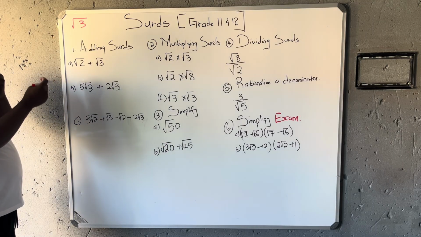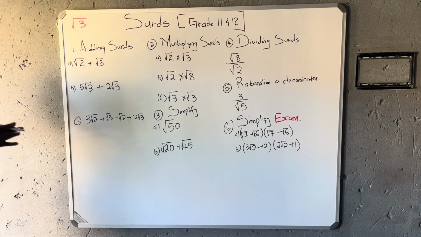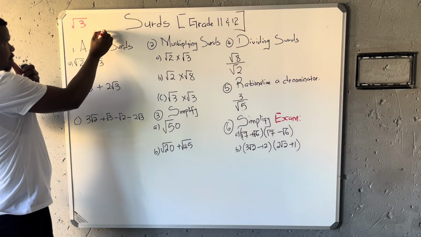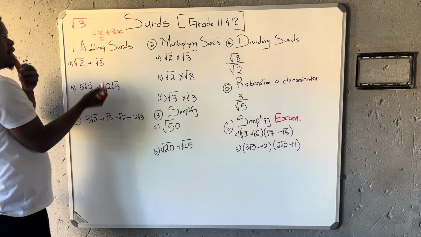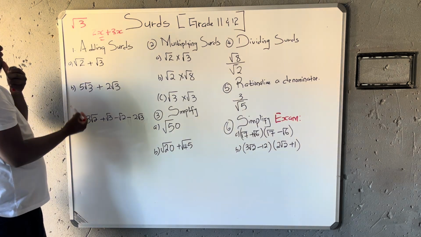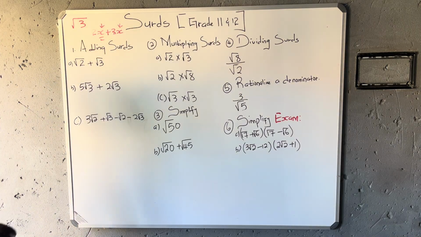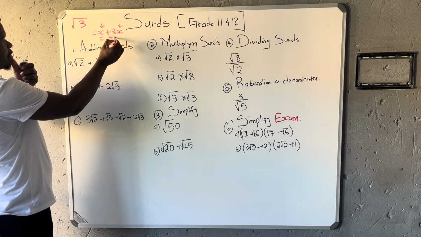If what we have inside the square root is not the same, then they are not like terms. We cannot add that together. Let me take you back. If we have 2x plus 3x, they are like terms. These variables are similar. So we're going to say 2 plus 3 is going to be 5x.